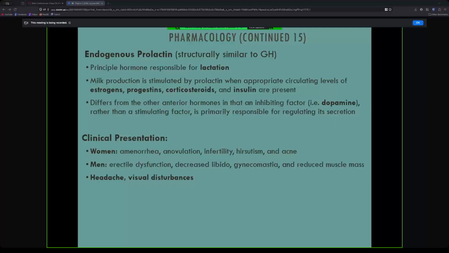So the clinical presentation you're going to see with hyperprolactinemia in women is going to be amenorrhea, anovulation, infertility, hirsutism, and then in men, it's going to be erectile dysfunction, decreased libido, gynecomastia can happen, reduced muscle mass. So both sexes can develop headache and visual disturbances if you have a macroadenoma.